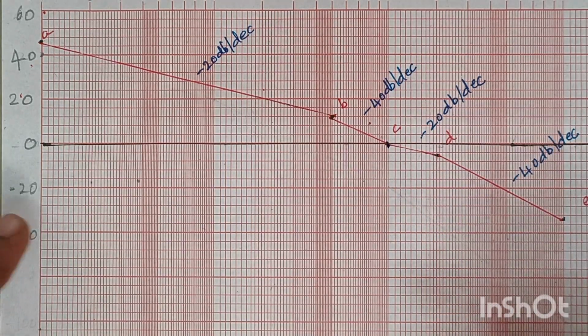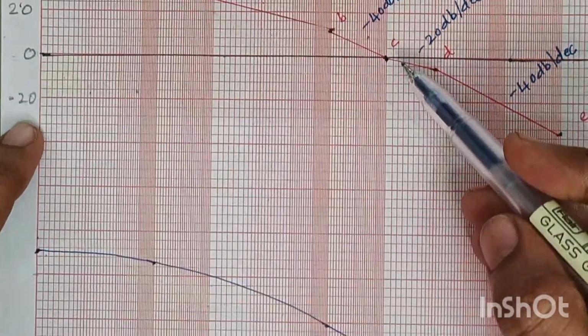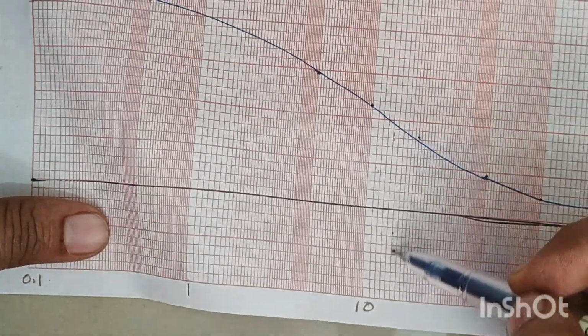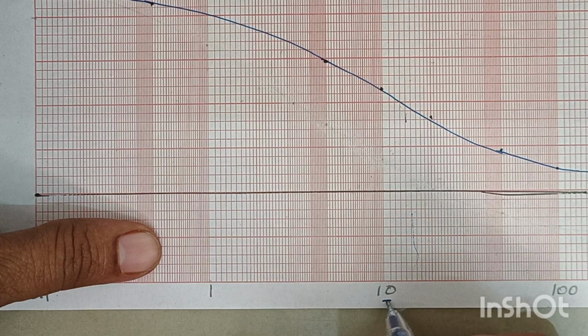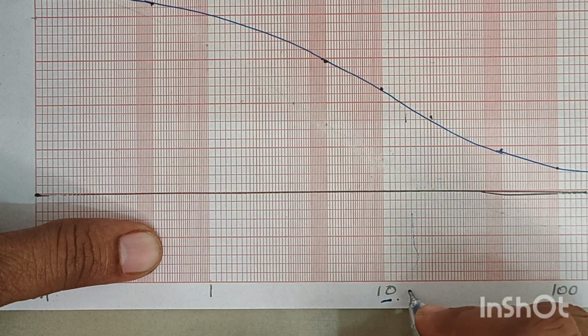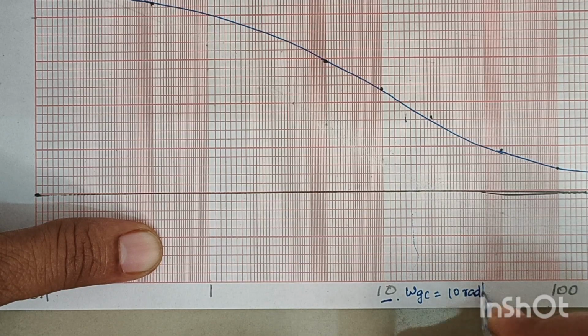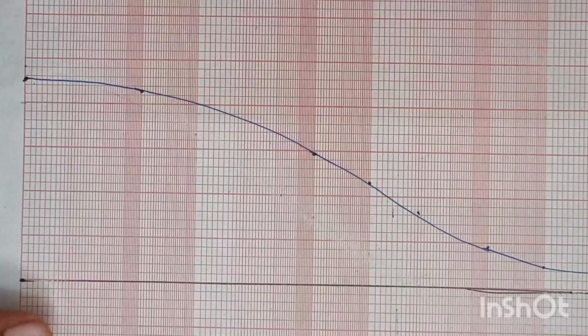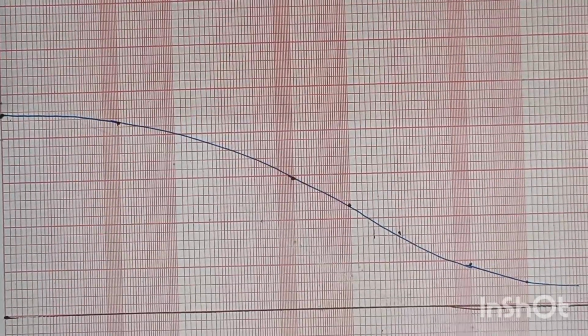So here, this is the point, right? And when you look down gradually, you see what is the value of frequency? It is 10. So this is nothing but your gain crossover frequency, which is 10 radians per second, right?